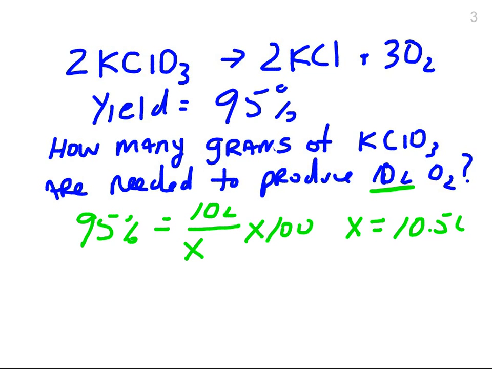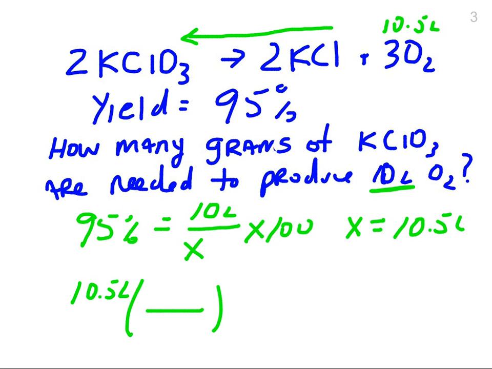liters. So if I want to produce 10.5 liters of oxygen, go back, figure out how much KClO3 I needed in the first place. So to do that, back to stoichiometry, I have 10.5 liters, change it to moles, 1 mole of O2 for 22.4 liters.